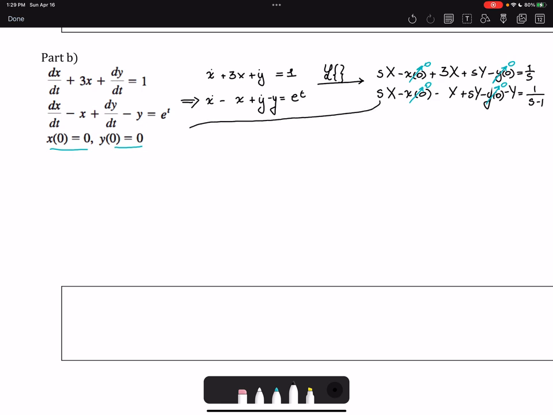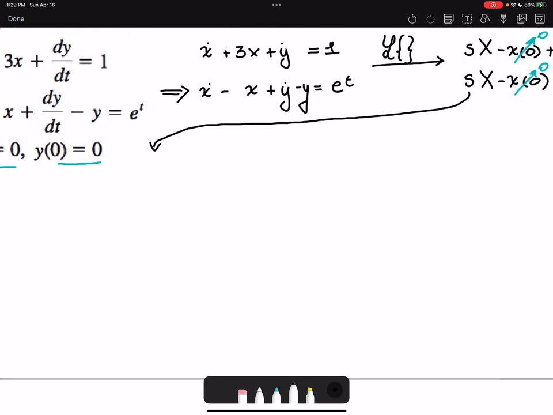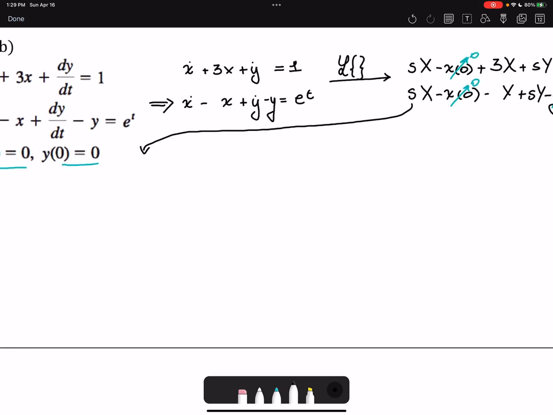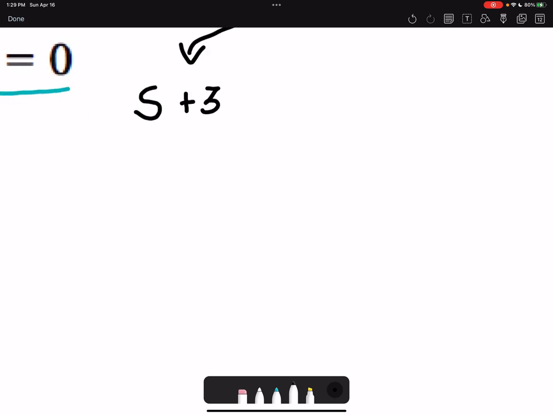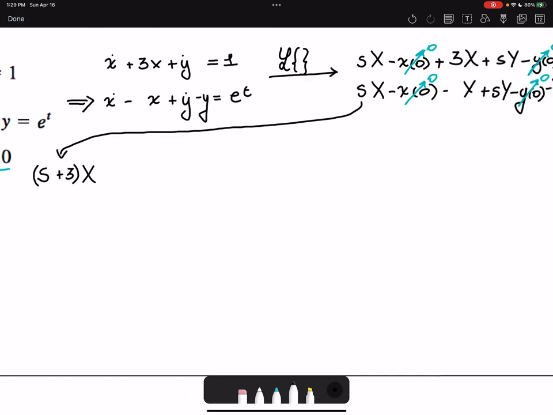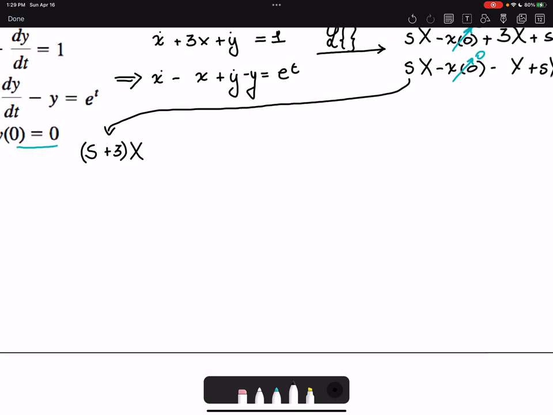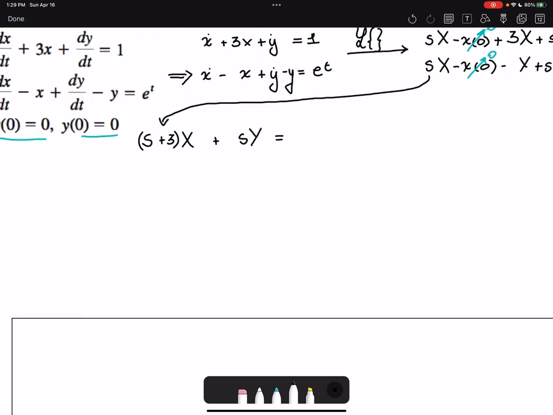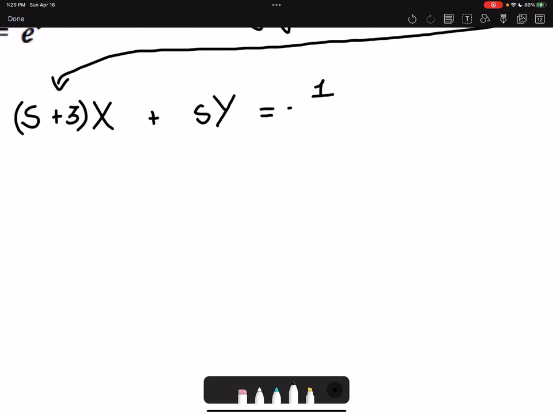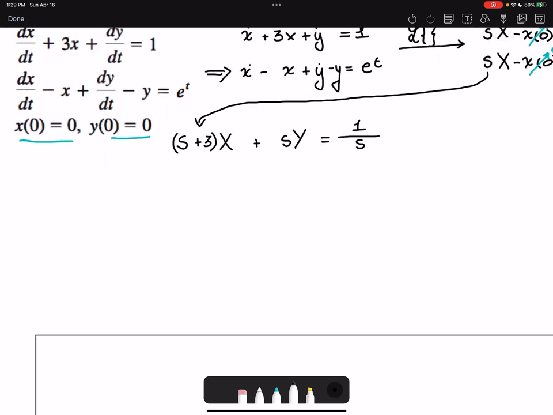Let's rewrite everything over here and factor out those X's and Y's. So we get s plus 3, close that, times that big X plus s times Y, and all of it needs to be equal to 1 over s.